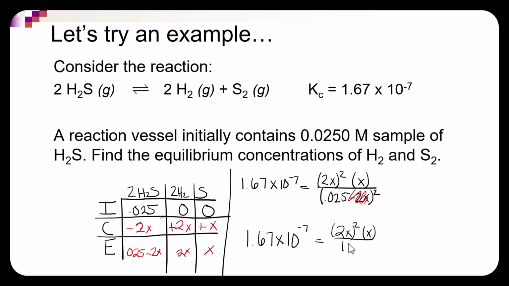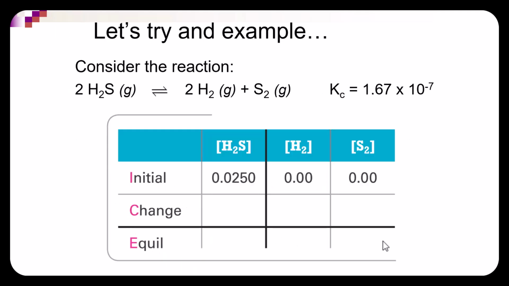On the bottom, we have 0.025 squared. So by ignoring that x, it gets rid of the quadraticness of this equation, and it's a little bit easier to solve. Okay, I'm going to click ahead a couple slides, and we're going to solve this together.